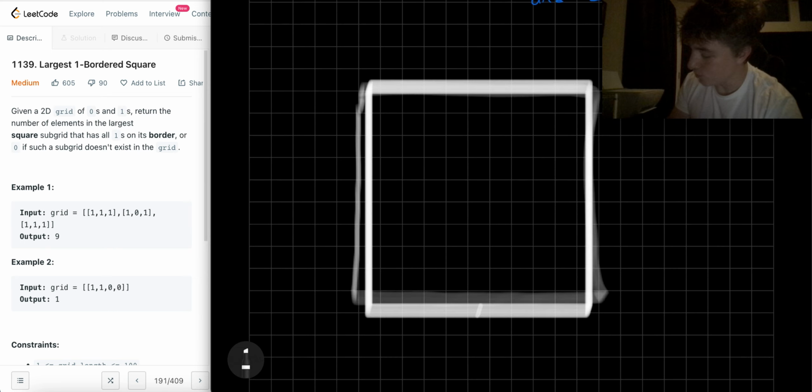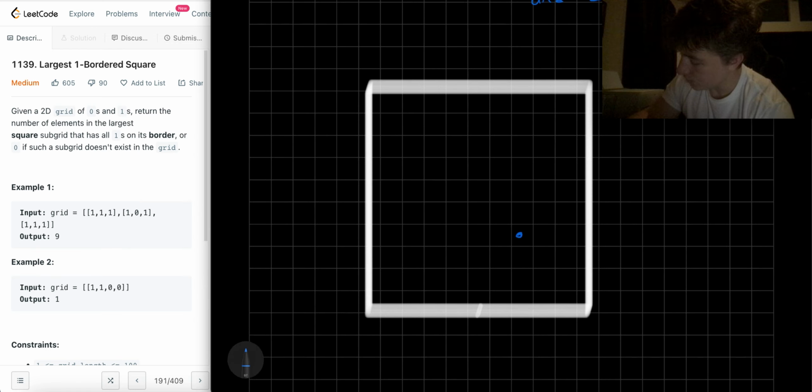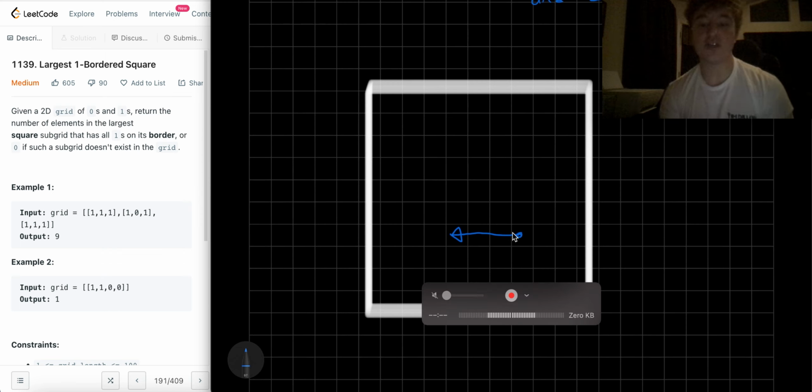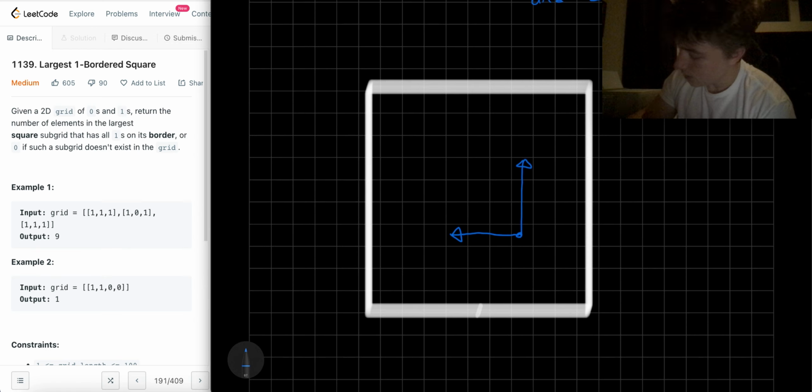All right, so I have this grid, and it just turns out that there's a length 4 to the left, like this, right? So I check this position, and this position says there's something 4 to the left, and there's something 4 above. In order for this square to be completed, there'd have to be something here that tells me that there's something 4 to the right and 4 below.